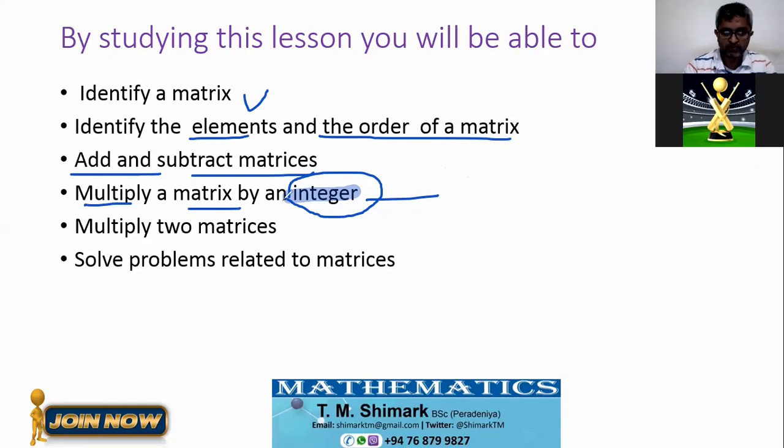Then multiplying two matrices, and solving problems related to matrices. All this can be done today itself. There is not much, of course. We don't get part 2 questions on this, only part 1 questions. So it is a very simple area, but sometimes they may confuse you with some words.